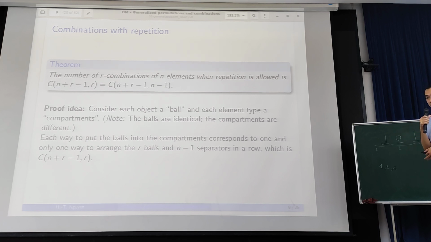But in order to be able to use the formula, you have to understand what each symbol in the formula means. So the important thing to remember is that r is the number of balls and n is the number of boxes, and for n boxes, there are n-1 separators. So you don't forget the -1 here.